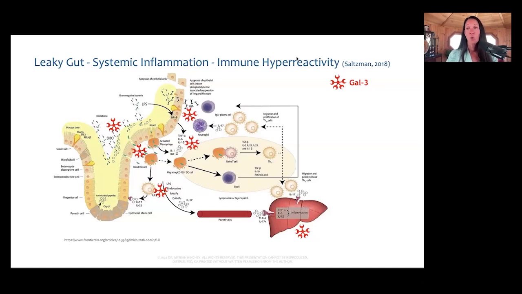So it's important to manage galectin 3 levels, which you can do using G3M or galectin 3 modulator, which is a specialized form of modified citrus pectin available through LimeCore. I'll get to that later.